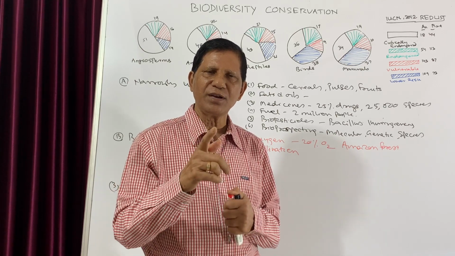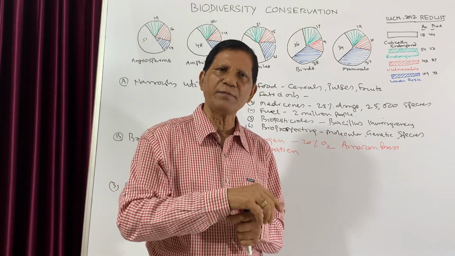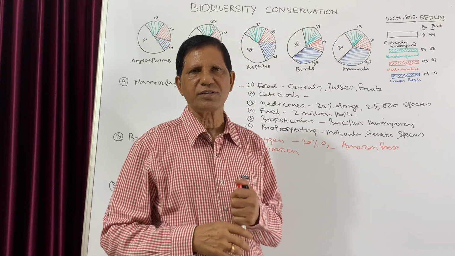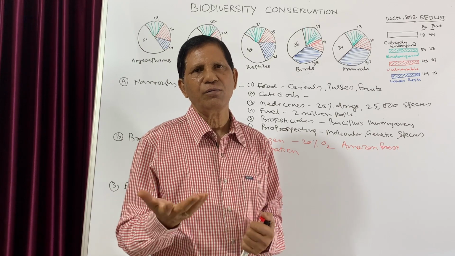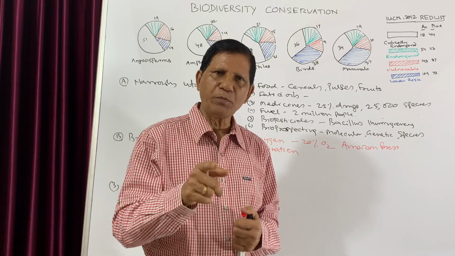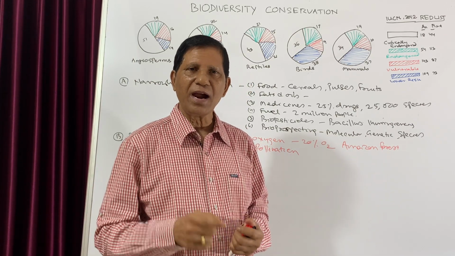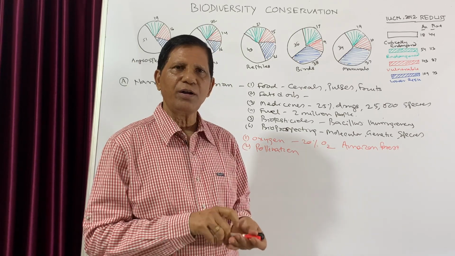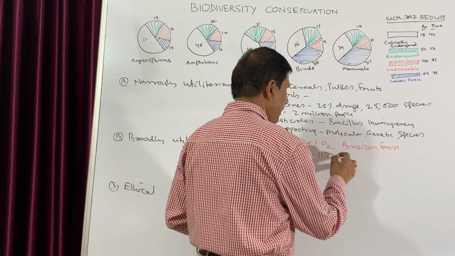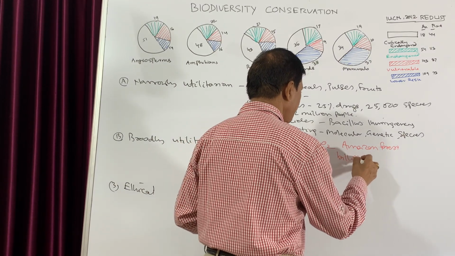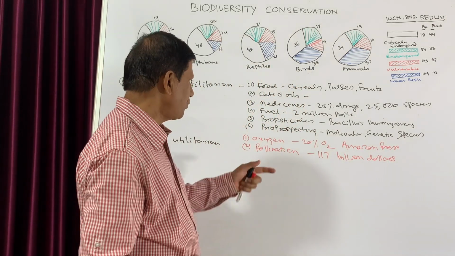Now you realize the importance of these different types of insects which pollinate the different types of flowers in plants. If there would have been no such pollinator, then what can you do? Can you pollinate all the plants that are present on the earth? It's quite impossible. And there is one estimate, if human beings pollinate them, then the cost will be $117 billion. The cost of pollinating these plants.